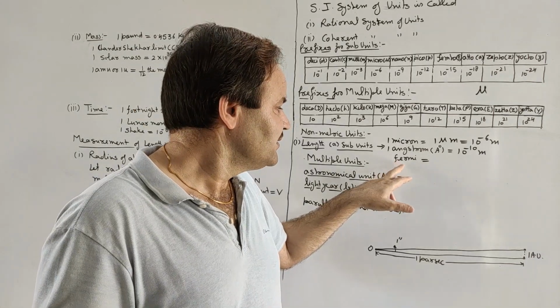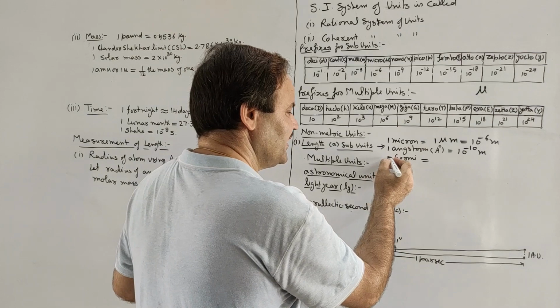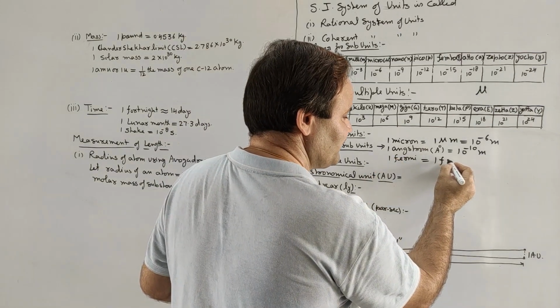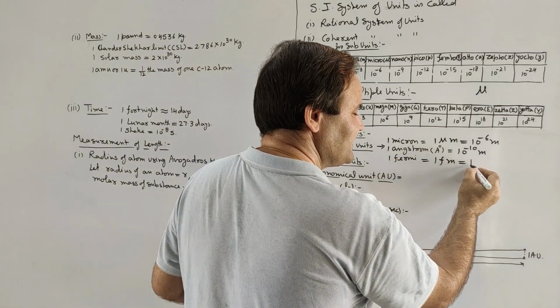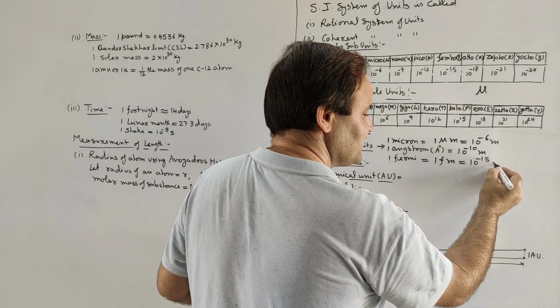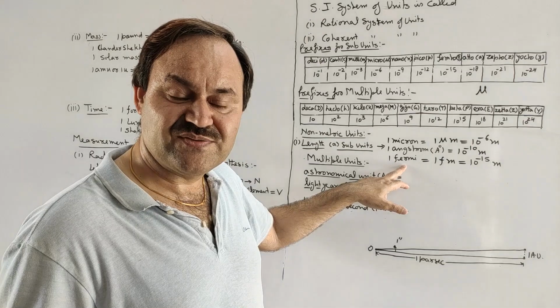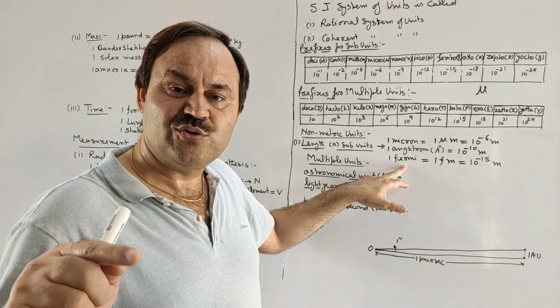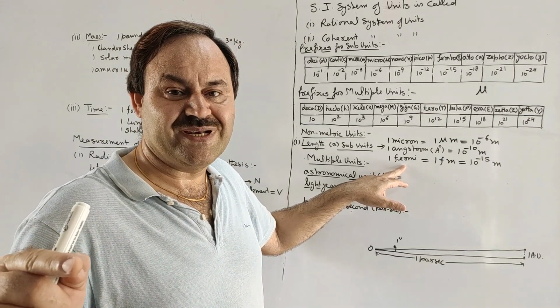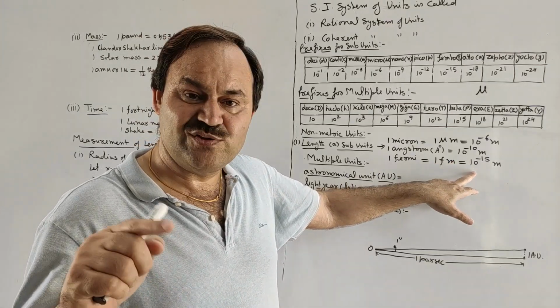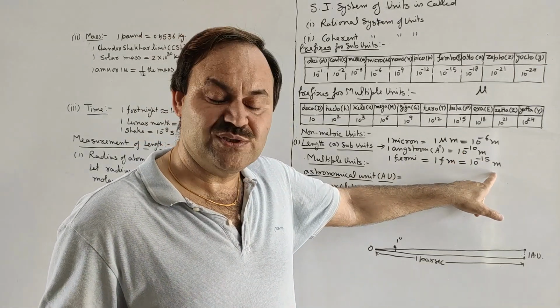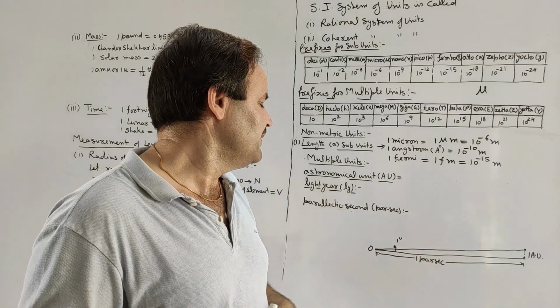Next is Fermi, and 1 Fermi is 1 femtometer. 1 femtometer means 10 to the power minus 15 meter, and this unit, that is Fermi, is used to measure the size of nuclei, because the size of a nucleus is of the order of 10 to the power minus 15 meter.